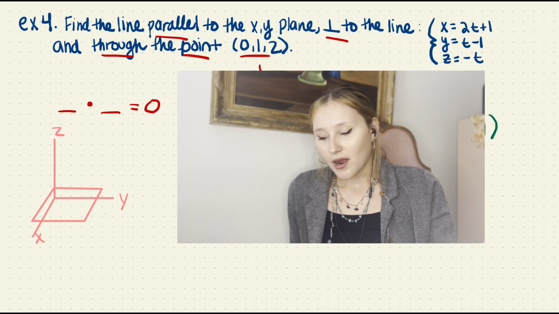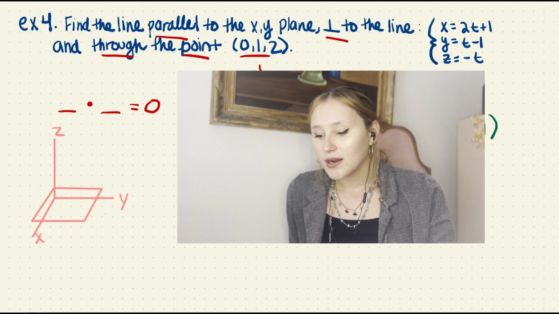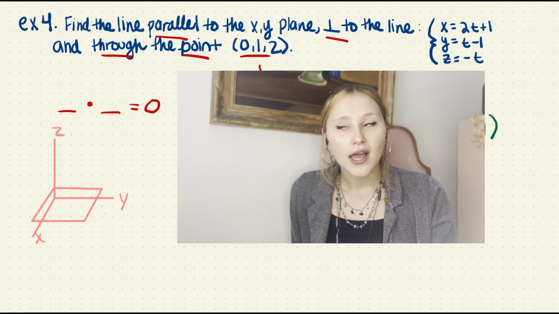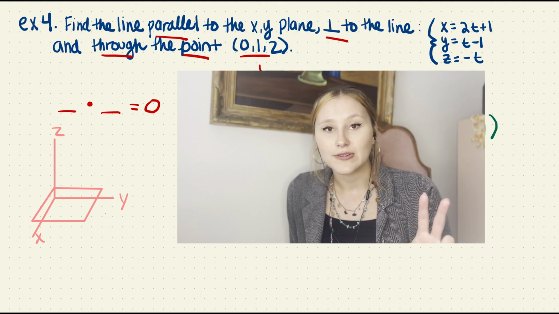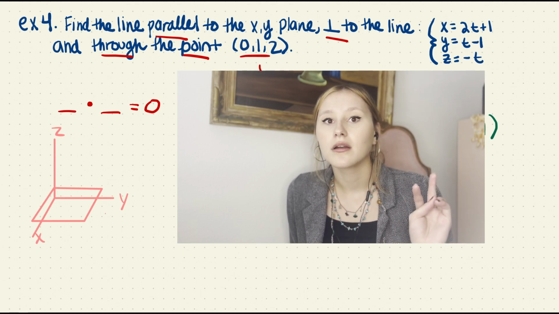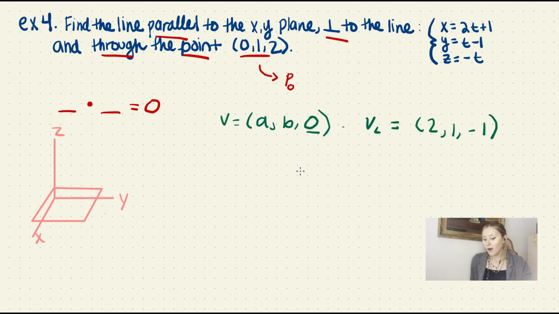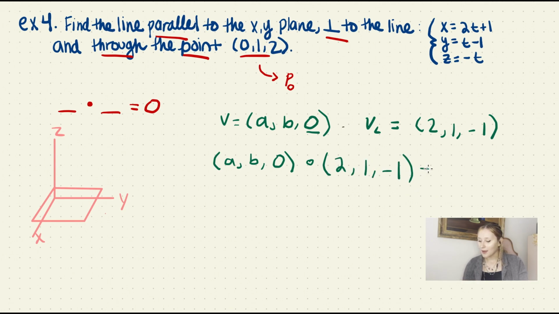With the dot product, if you set the dot product of 2 vectors equal to 0, that shows that the 2 vectors are perpendicular. So I'm going to do that here. We have A, B, 0 dot product with 2, 1, minus 1. Set it equal to 0, so 2A plus B equals 0.